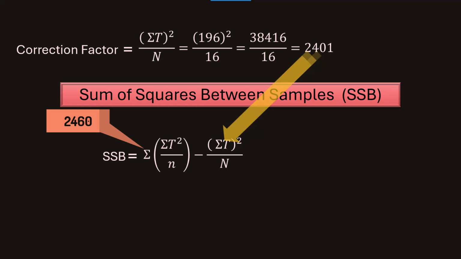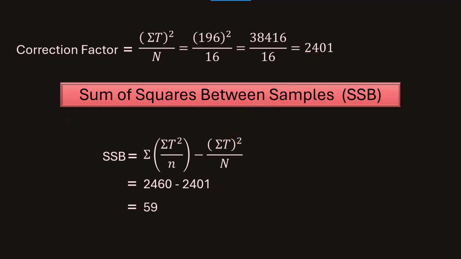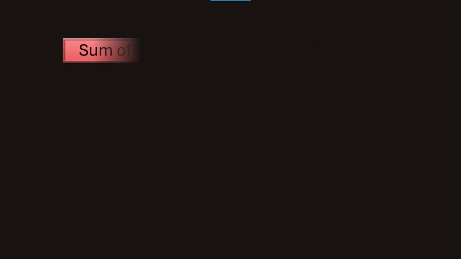Sigma T whole squared by capital N, this is the correction factor. It is 2401. Substituting these values in the formula, we have 2460 minus 2401, 59.